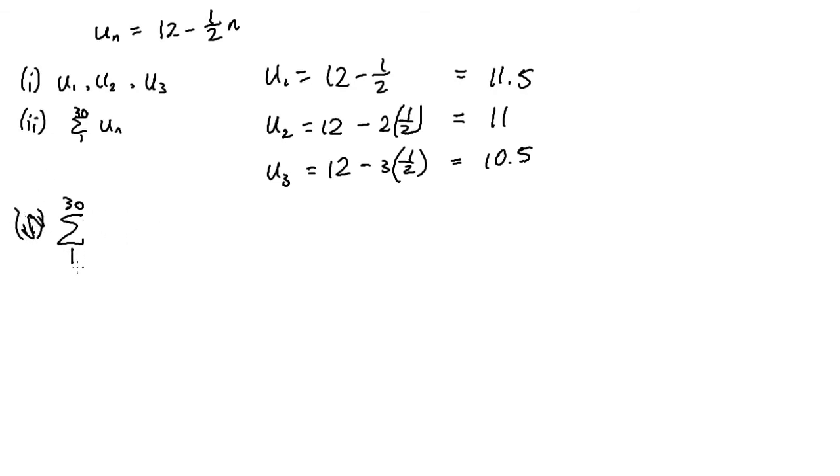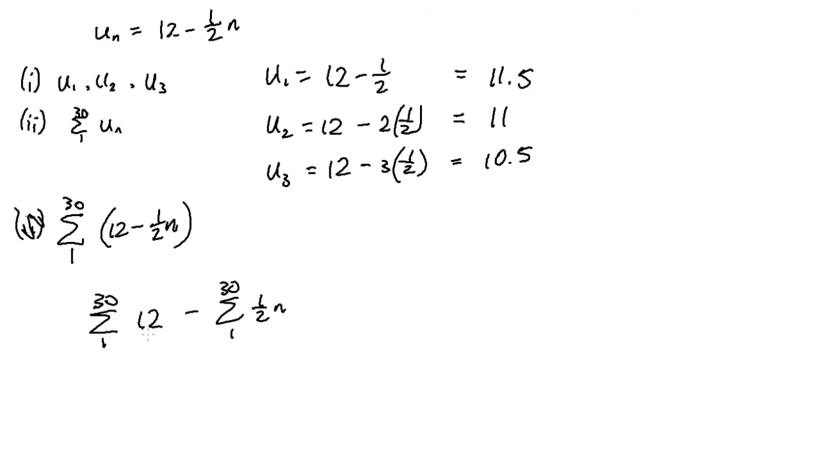So start from 1, and we have 12 minus a half of n, and you can break that bracket open and just multiply in the sum, so that you get the sum of 30 of 12, take the sum of 30 of a half n.